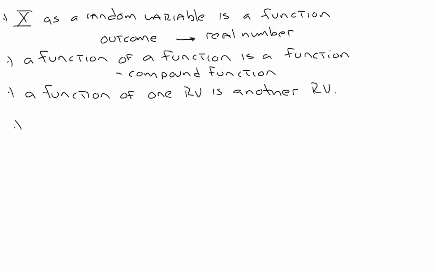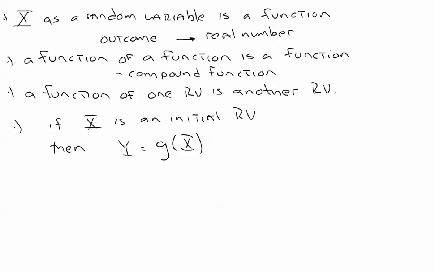Alright? So, if x is an initial random variable, then y, which is some function of x, is a new random variable.